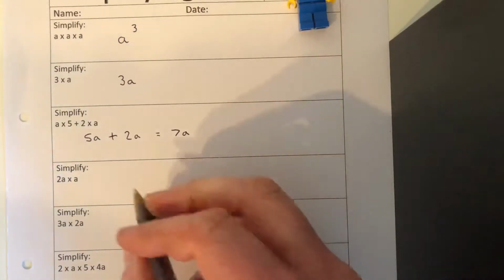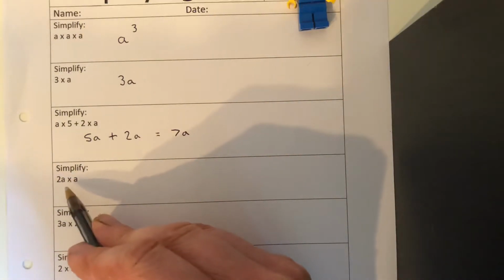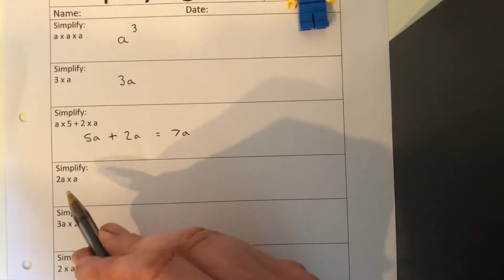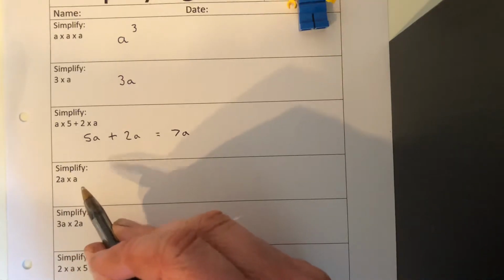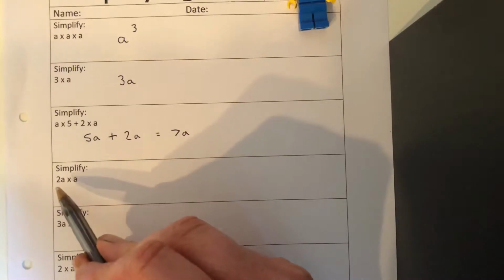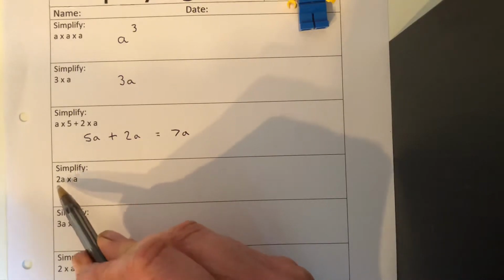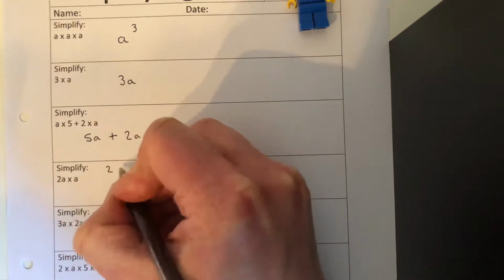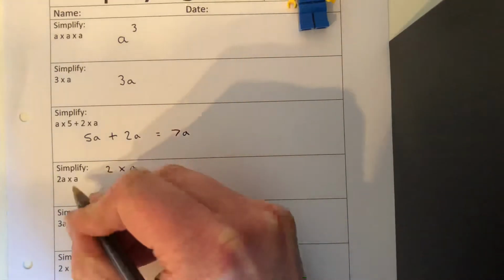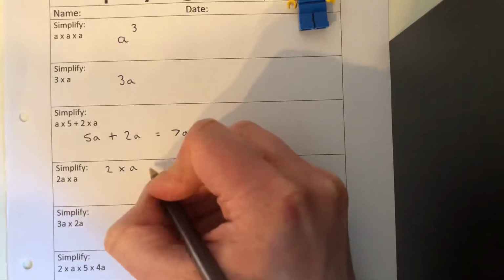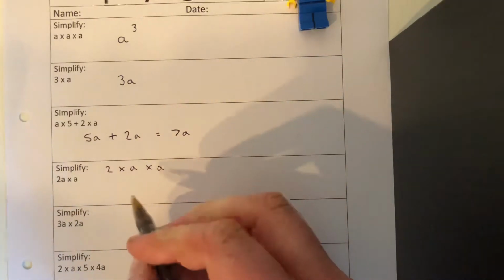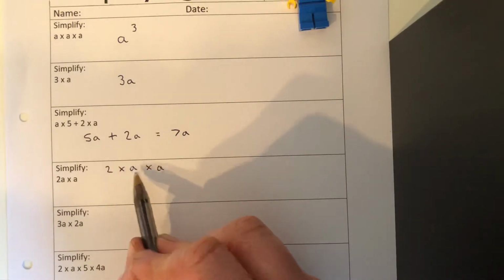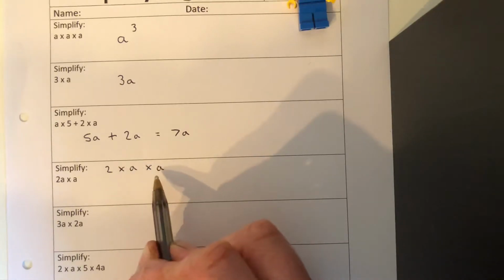Okay, moving on. The next one, 2a times a. Now again, this one in some cases does catch people out. What we need to remember is that the 2a represents a 2 times an a. So if I just write that down, we wouldn't normally do this, but instead of the 2a, we write 2 times a, and then times a again. What we can see now is, of course, we've got all these multiplications. We can do it in any order we like.